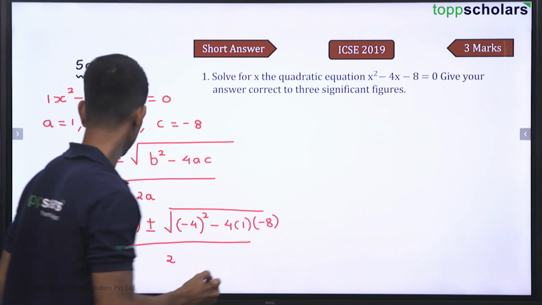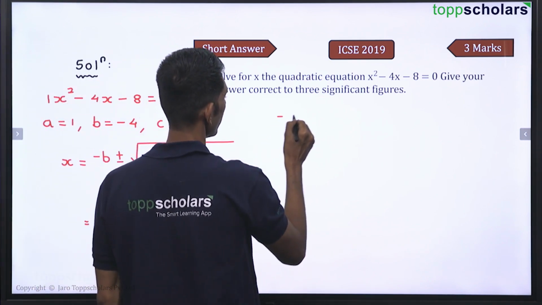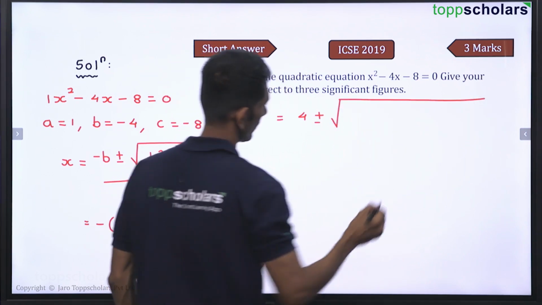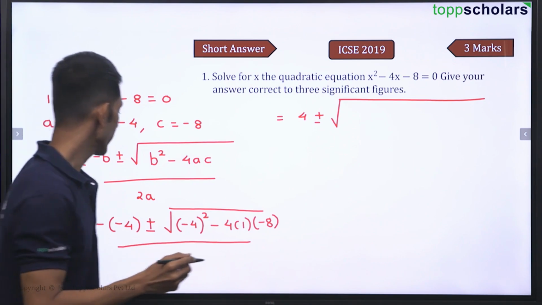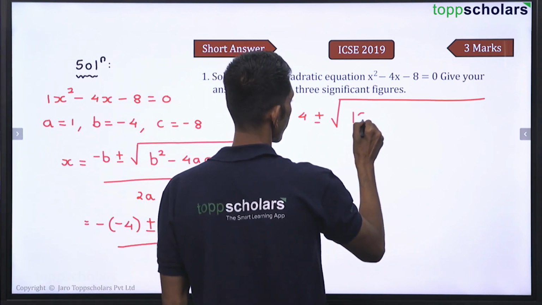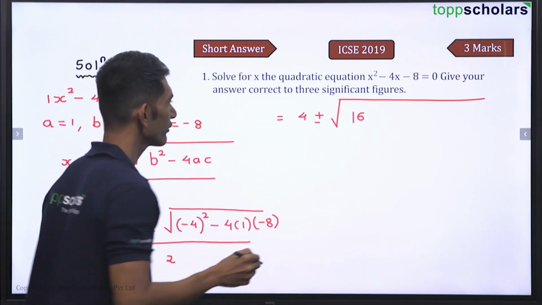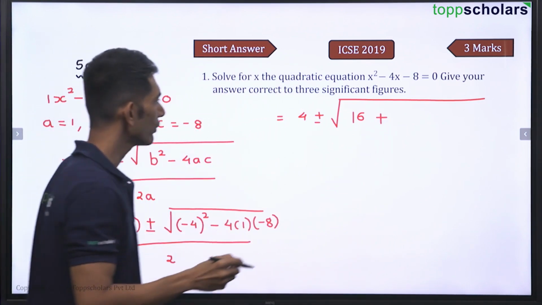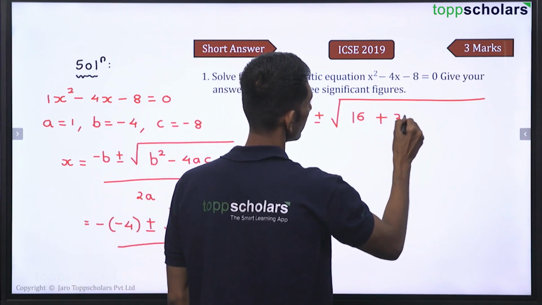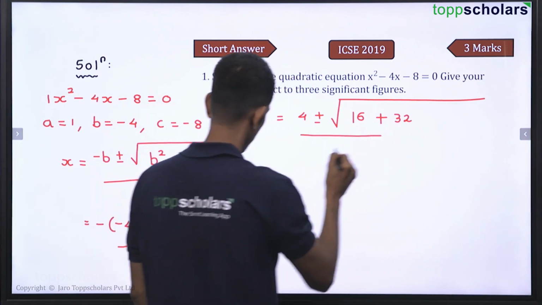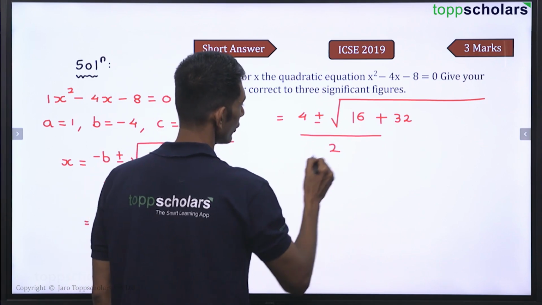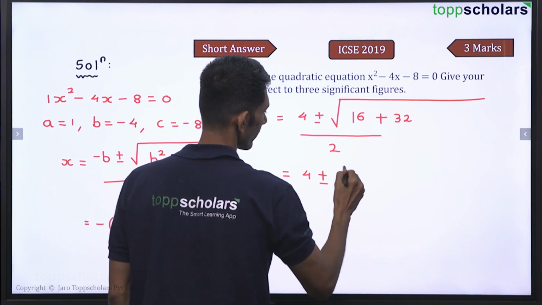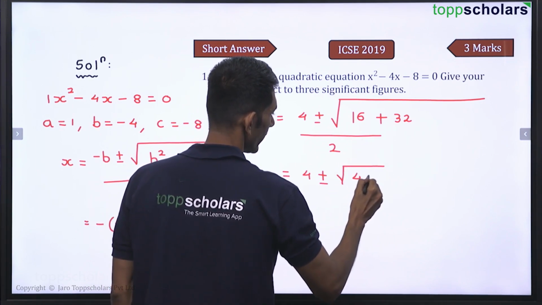So this becomes minus minus becomes plus, so plus 4 plus or minus under root minus 4 square is 16, minus minus becomes plus, right? 8 4s are 32, divided by 2. So that becomes 4 plus or minus under root 48 divided by 2.